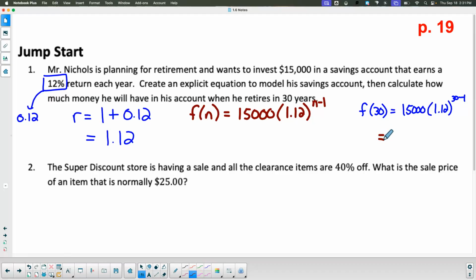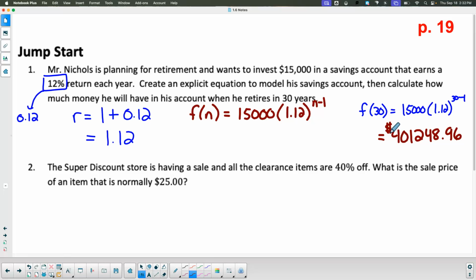I get $401,248.96. Yes? I got 300. 15,123 times 1.12 raised to the 29th power gives me 401,248.96.